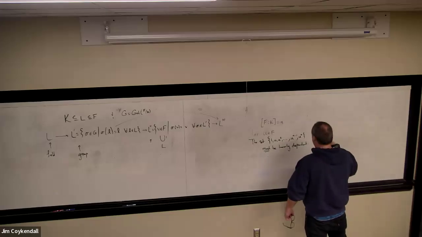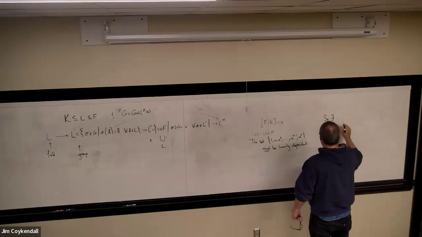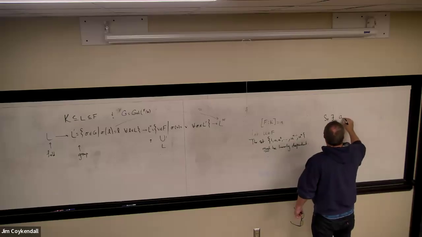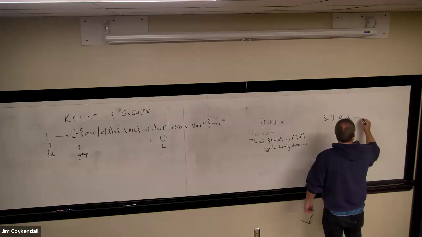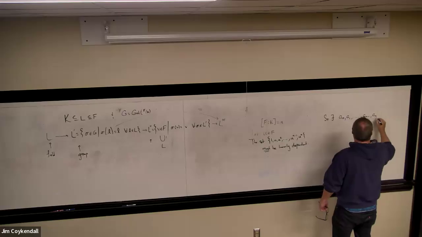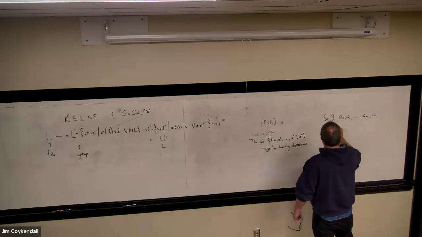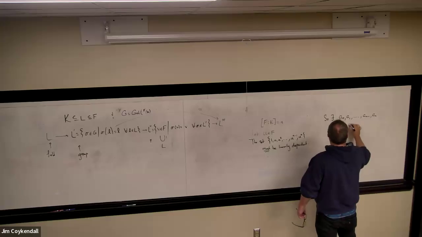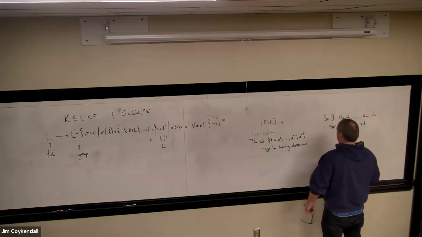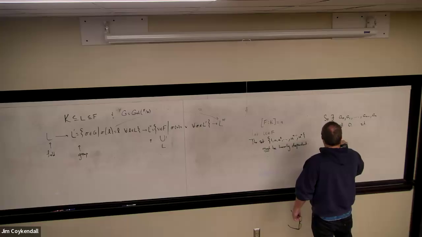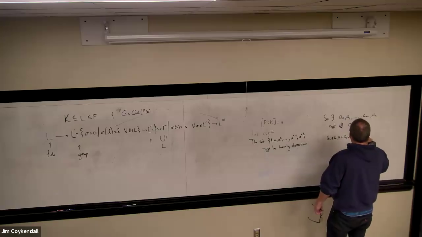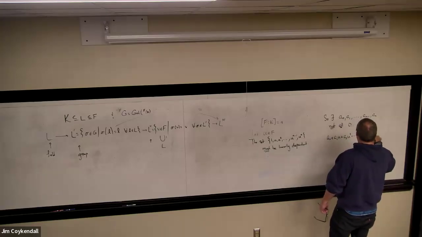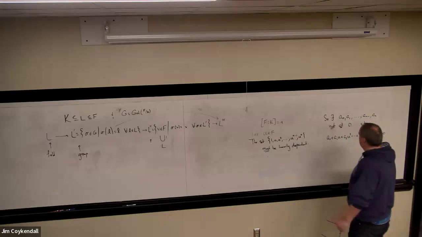So there exist a0, a1, ..., a(n-1), an, not all 0, such that a0 plus a1 u plus a2 u squared plus ... plus a(n-1) u^(n-1) plus an u^n is equal to 0.